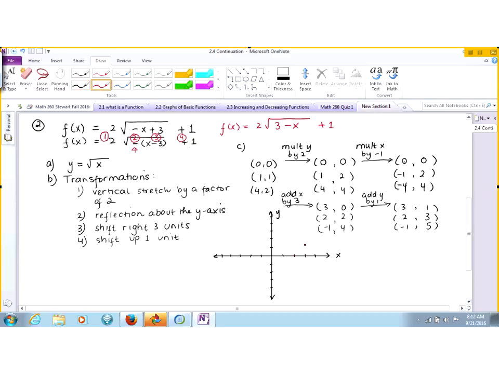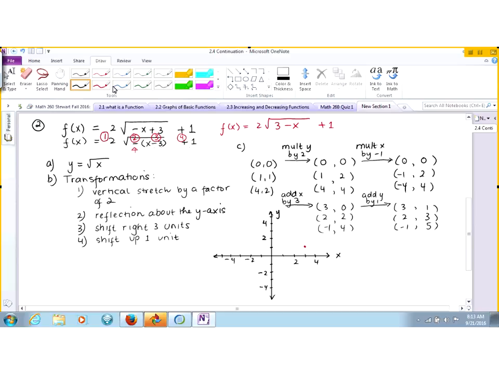Okay, so 3, 1 is right here. 2, 3. So 0, 0 is 3, 1, 2. Oh, let me label this first. 2, 4, 2, 4. Negative 2, negative 4.